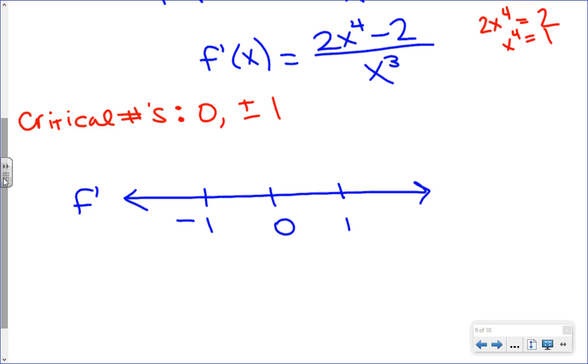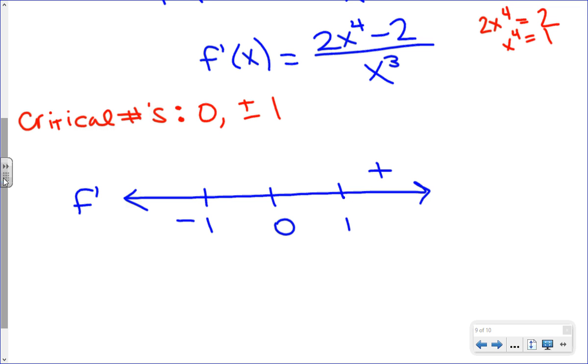2. 10 would be fine. 2 would also be fine. It doesn't matter. Let's do 10. 2 times 10 to the 4th, is it going to be bigger than 2? It is, which means our numerator is going to be positive. 10 cubed is also positive, so we would have a positive fraction.